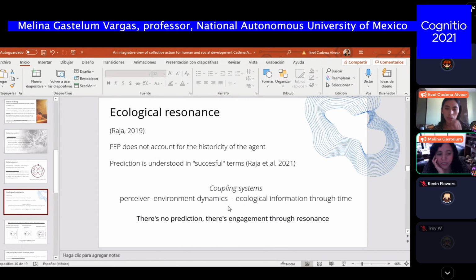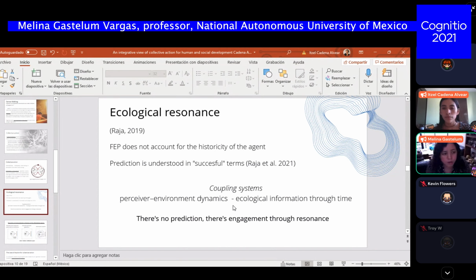That is, the neural dynamics of perceptual systems, in terms of informational coupling or synchronization, such that the perceiver's perceptual systems resonate to the perceiver-environment dynamics. This is proposed by Raja in 2019, and then by Chemero, Anderson, and Raja in 2020.